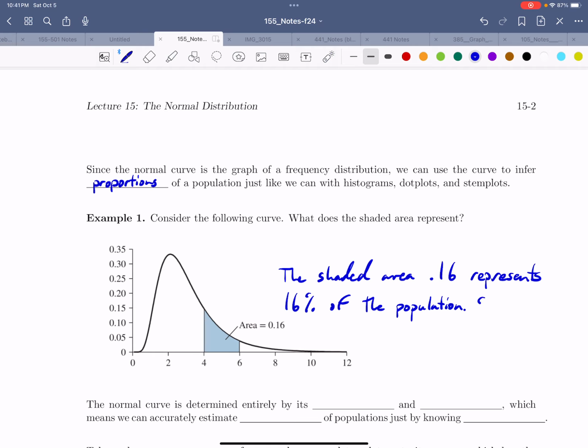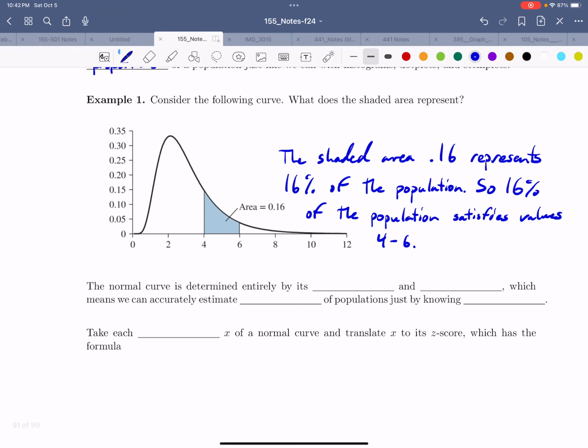Right, which means that 16% of the population satisfies values 4 to 6. Like, whatever you're measuring, 16% of the population is between 4 to 6.